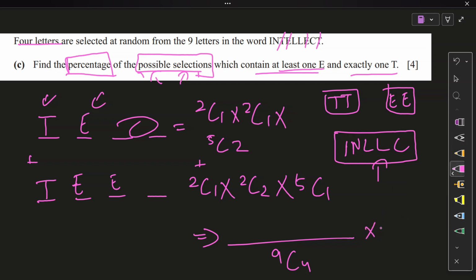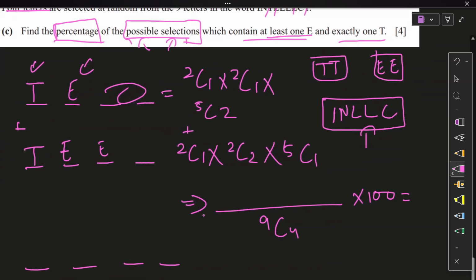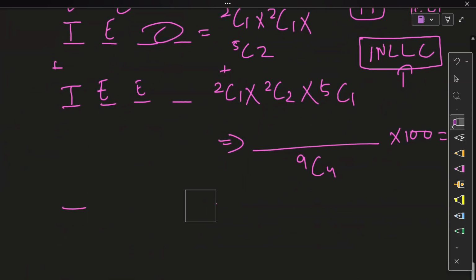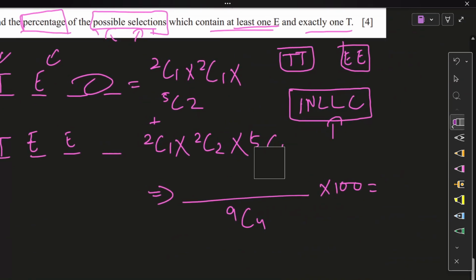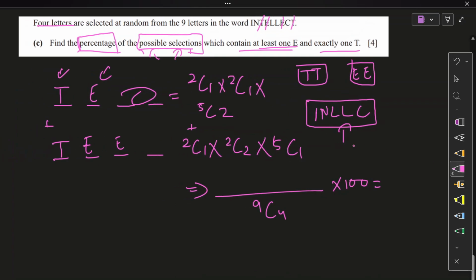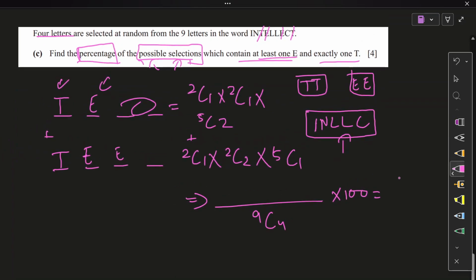That will not give you your percentage. Percentage would mean finding out this fraction and then multiplying by 100. Yeah, let's find the answer. 2 into 2 into 5C2, that's 40, plus 2C1 into 2C2 into 5.